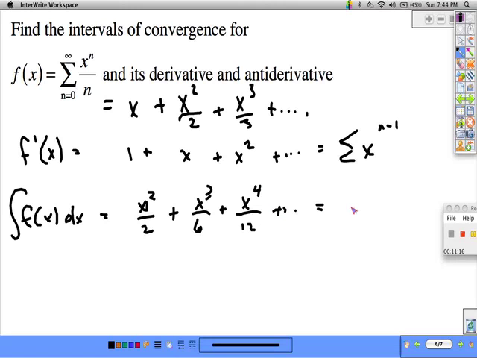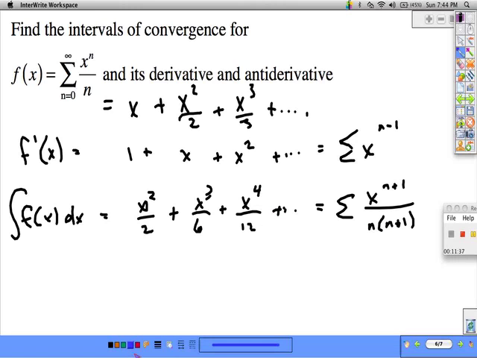And that can be written as x to the n plus 1 over n times n plus 1. Of course, from n equals 1 to infinity for both of these cases.